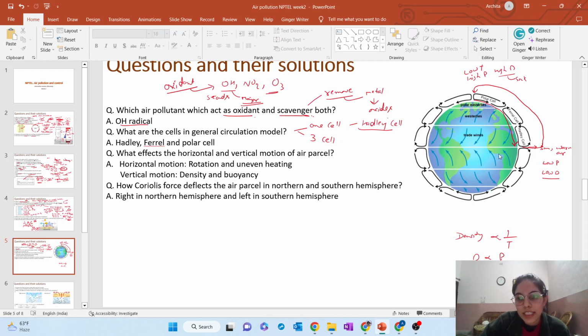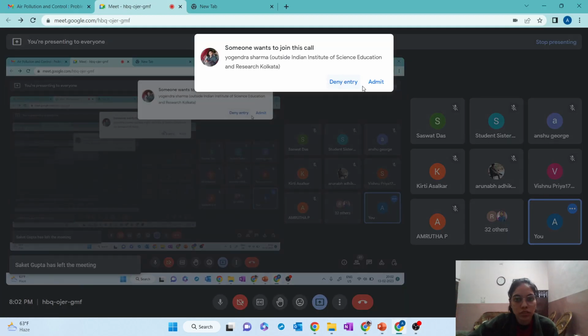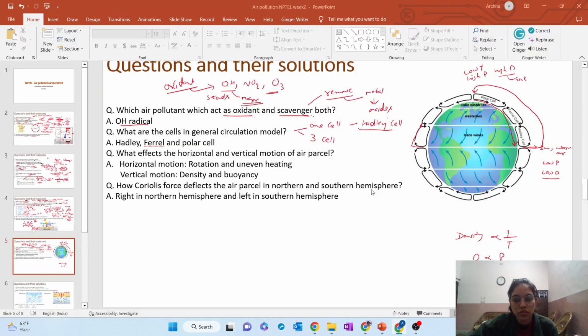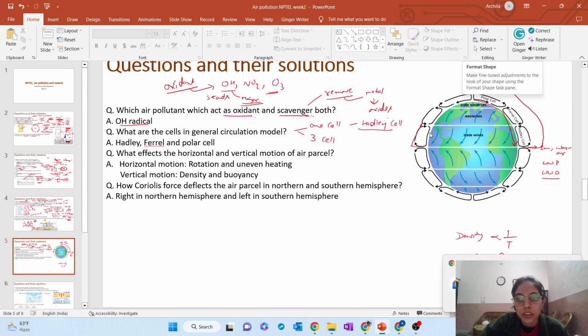The three cell model says that the cell near the equator, which is 0 to 30 degrees in the southern and northern hemispheres, we call the Hadley cell. It's the same as discussed in the first model: warm air will rise from the equator, move, and reach 30-degree latitude, because it starts getting cooled down.